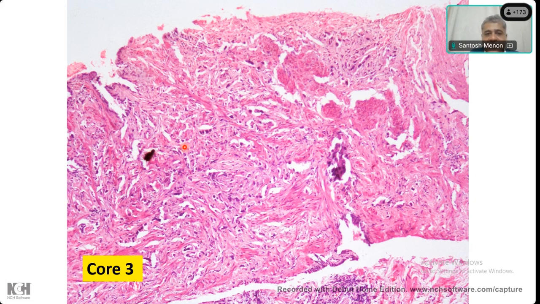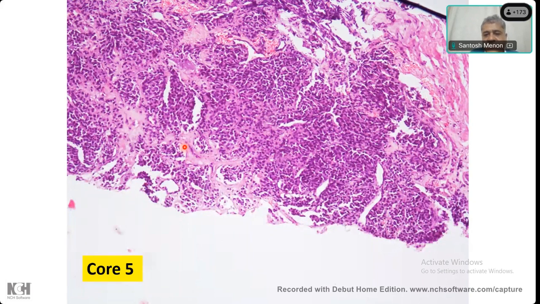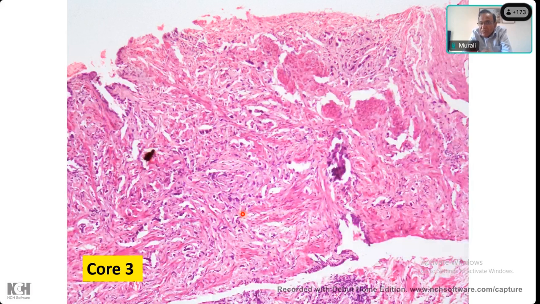What about this one? This is core 5 from the same patient. Again, solid sheets, no lumen. Verma sir, please. Just one point on the previous slide. When you see something like this, where the cells have very dark nuclei and very scant cytoplasm, before you give a Gleason score, check whether the patient has already received treatment.